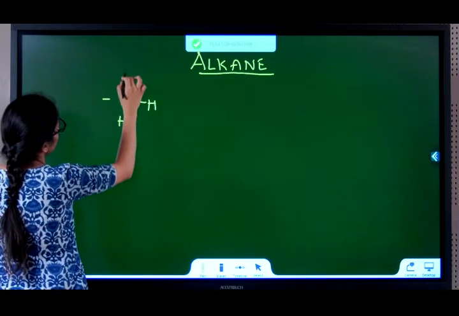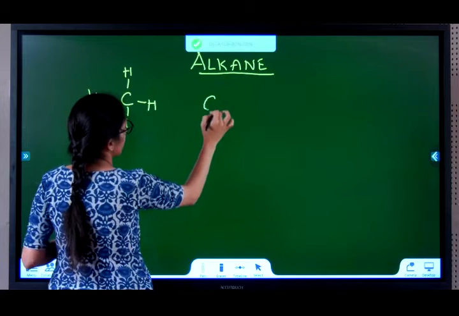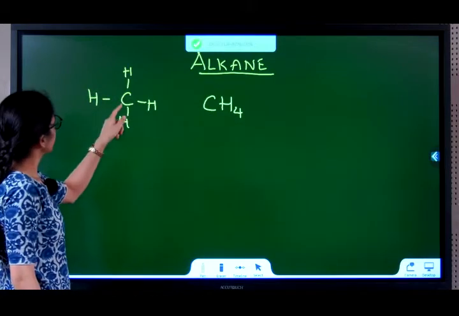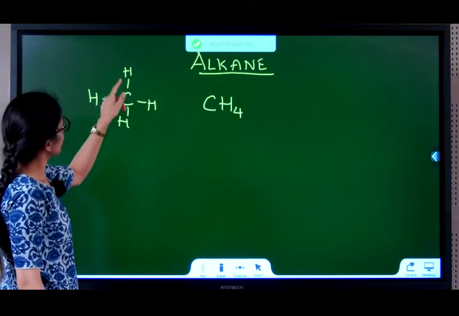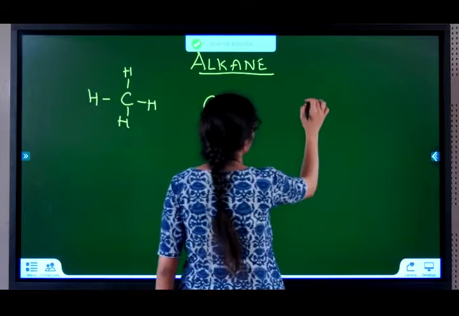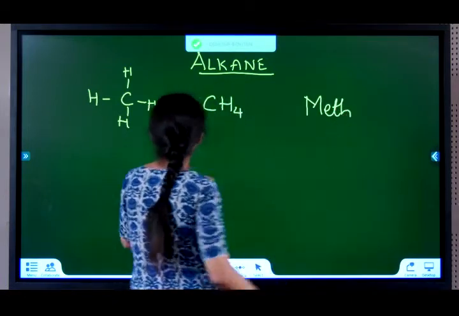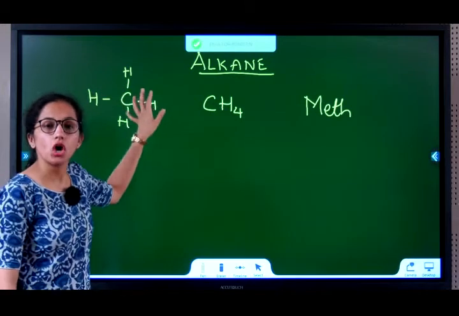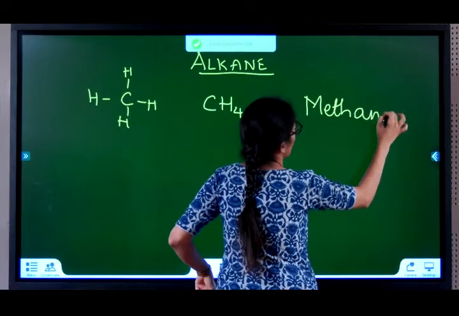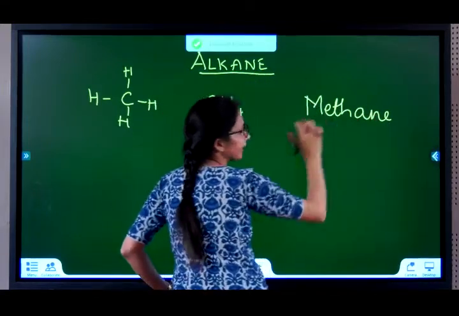H, H, H, H. So this one's the structure. Formula CH4. 1 carbon, so root word meth. All are single bonds. Methane, A-N-E, comes from the word alkane.